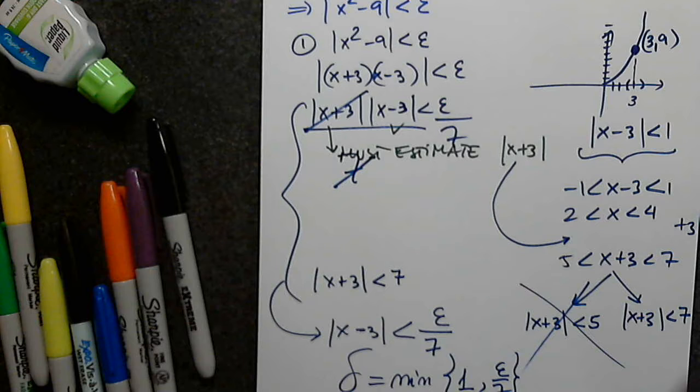So negative 2 plus 3 would be 1, and 2 plus 3 would be 5, 1 and 5. So then you would have to use the absolute value with 5 in here.